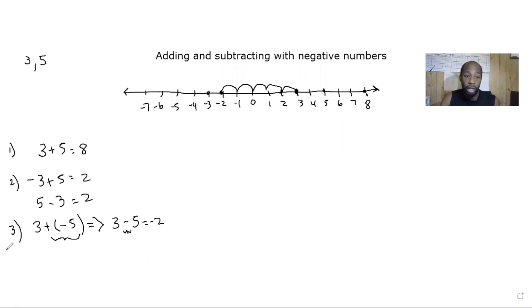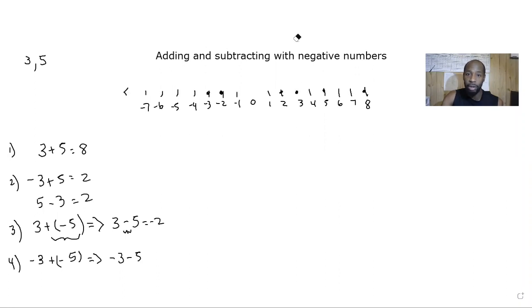Okay, another example. What if 3 and 5 were negative? So -3 plus -5. Just like we said here, if you add a negative number, it's the same thing as just subtracting that number. So -3 plus -5 becomes -3 minus 5. Now check this out.